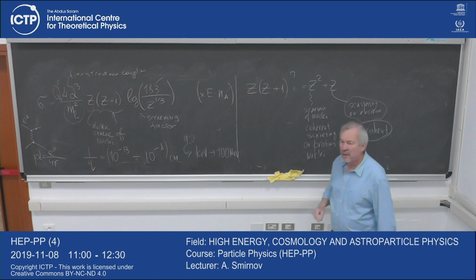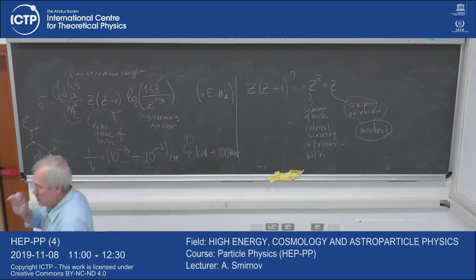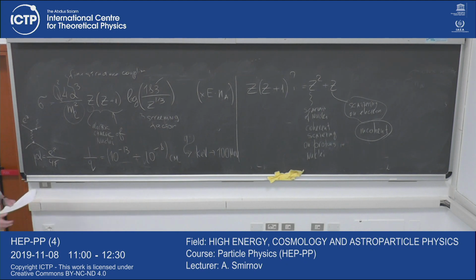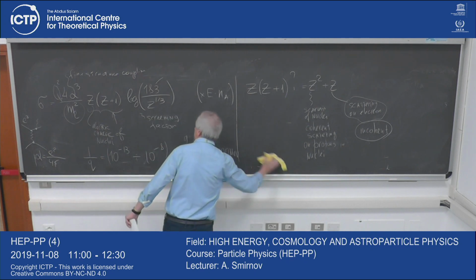I will use this occasion to explain what is coherent and what is incoherent, and this is extremely important stuff, and we will meet this in many cases in the future. So what is coherent and what is not coherent? So this is the next topic, coherence.